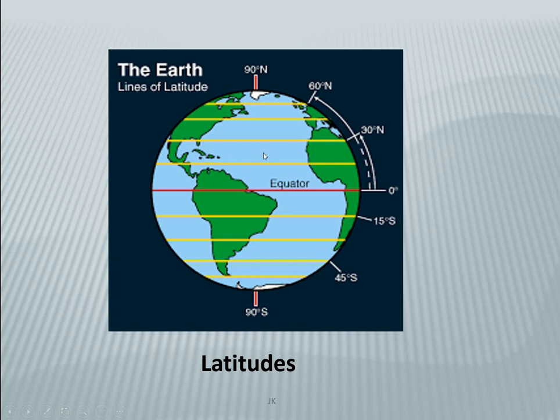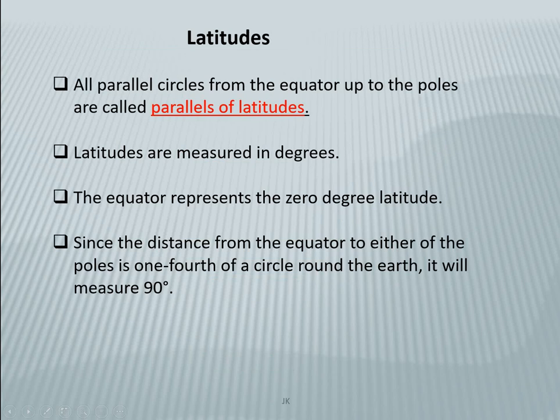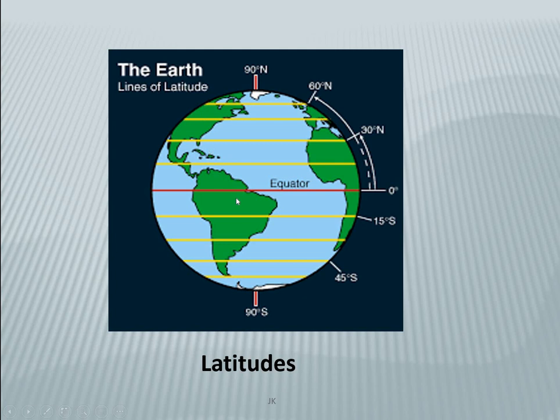Okay, got it. So these in the northern hemisphere are northern latitudes, and these yellow lines below the equator are in the southern hemisphere, and they are called southern latitudes, right? The equator represents the 0 degree latitude. So latitudes are measured in degrees, and since the imaginary line equator passes through the middle of the earth, it is referred to as the 0 degree latitude.